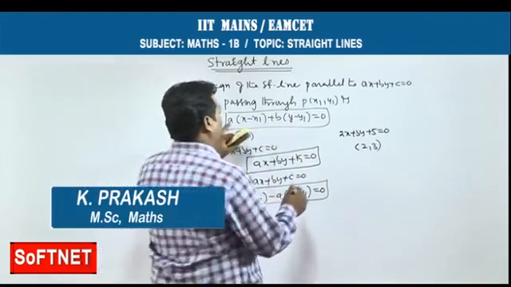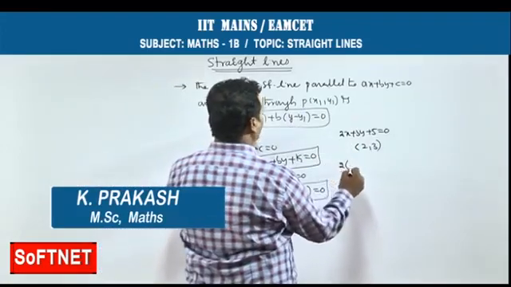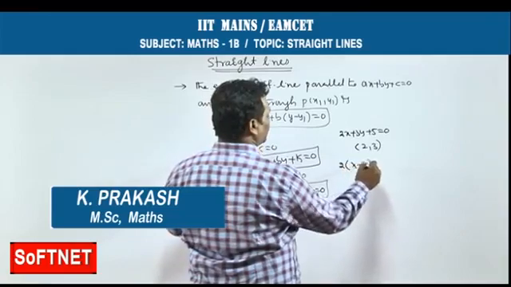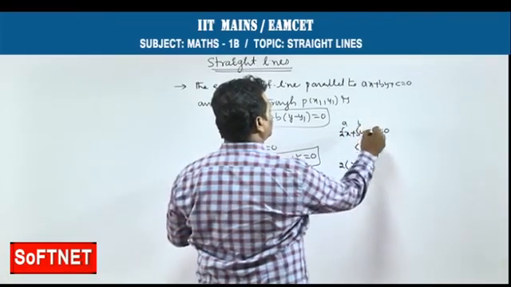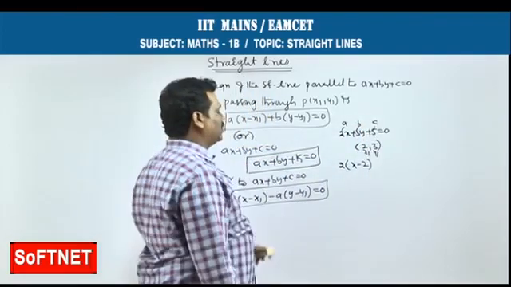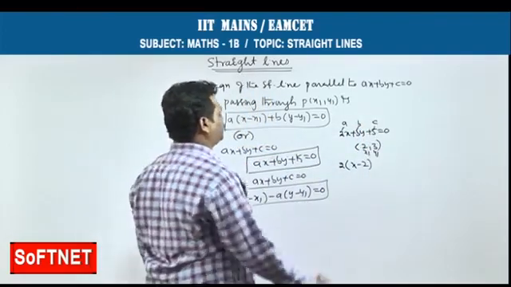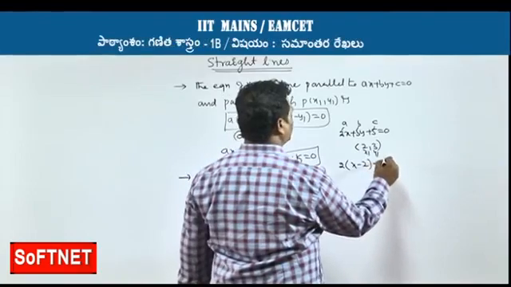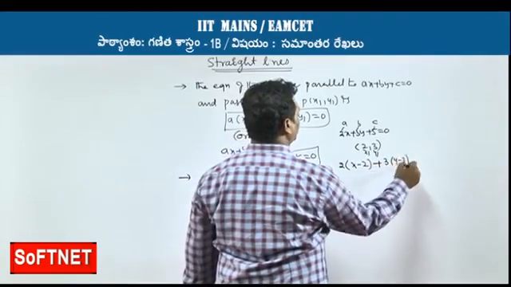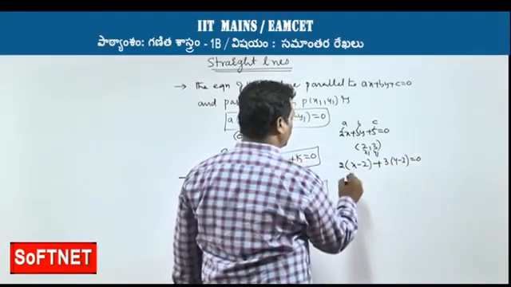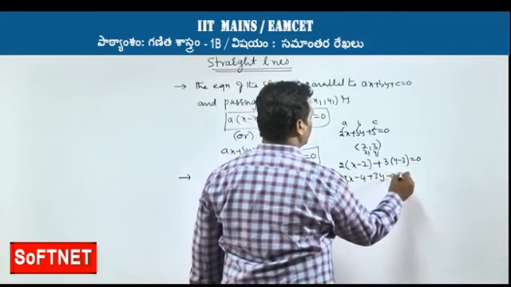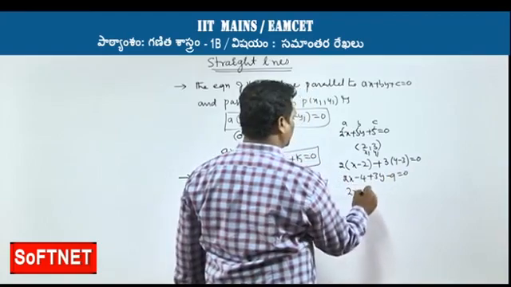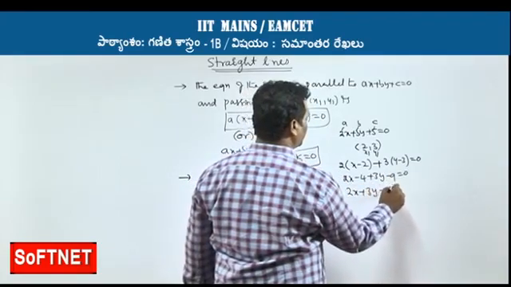Here a is 2, b is 3, and x1, y1 is 2, 3. So 2 into x minus 2 plus 3 into y minus 3 equal to 0. So 2x minus 4 plus 3y minus 9 equal to 0. So 2x plus 3y minus 13 equal to 0.